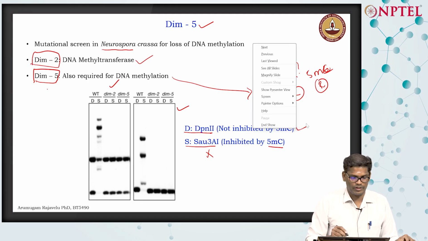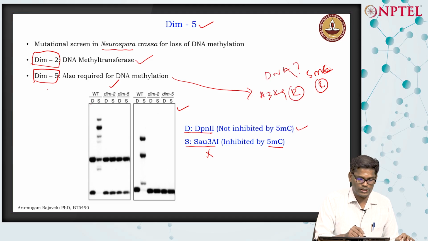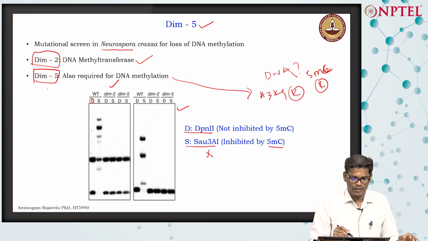That's what it shows here. The wild type genomic DNA was isolated, and when subjected to this DpnII enzyme, you see degradation. There is no DNA. Whereas when treated with Sau3AI, it cannot digest because pre-methylation is present. Focus only on the wild type. That's why you see the appearance of these bands, right?